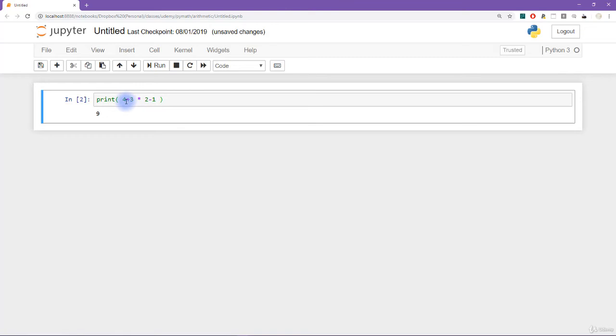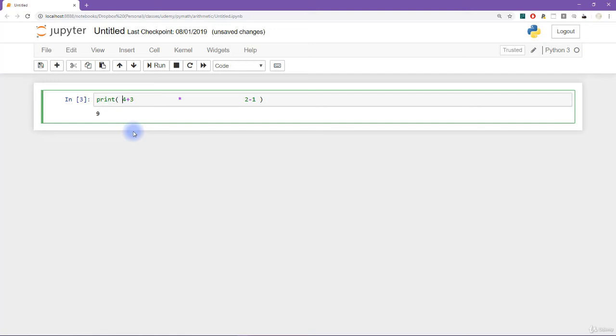So the point here is that spacing is really important for humans, for you looking at your code and for other people to be able to interpret and read your code. However, the computer, Python, doesn't care about spaces. You can have as many spaces as you want, like this, and Python is going to completely ignore all of these spaces here. However, we can override everything using parentheses.